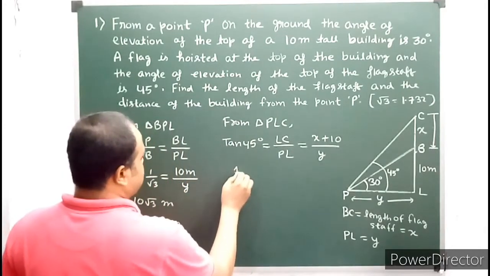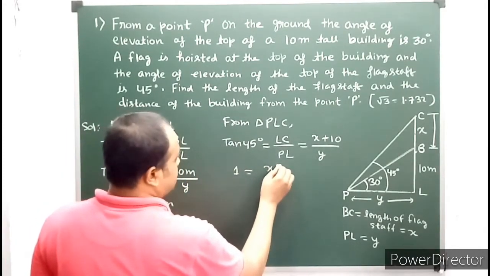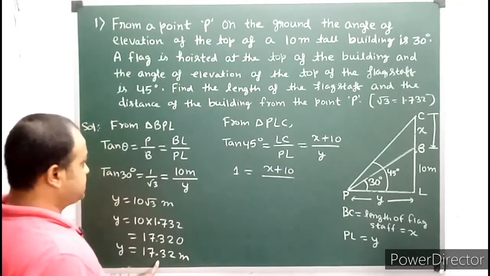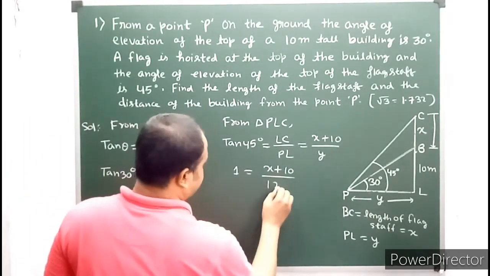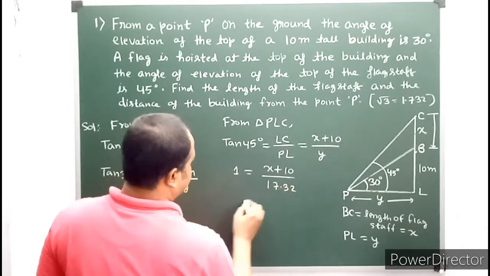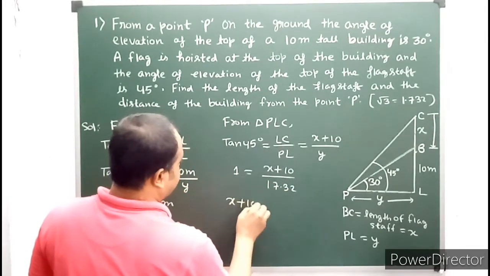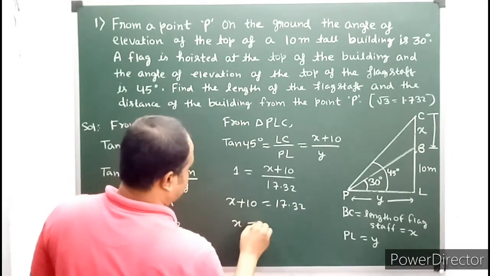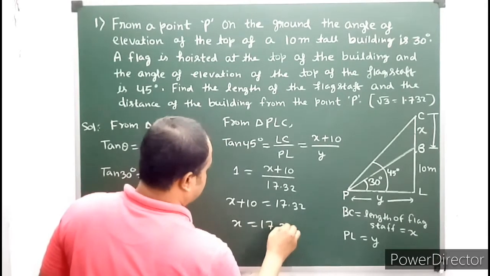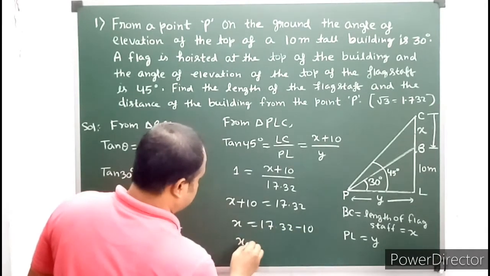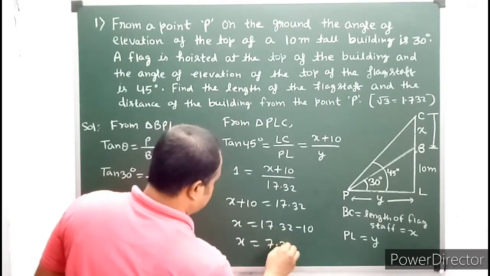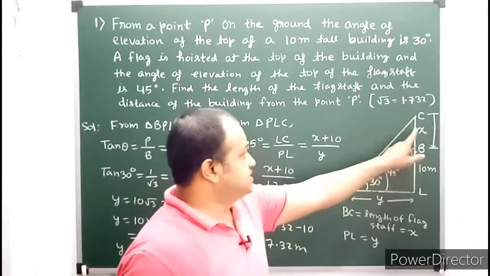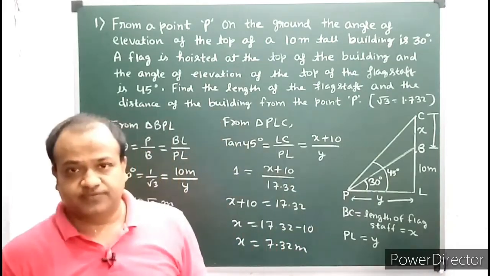Tan 45 value is 1, and the value of y we have got is 17.32. Therefore, we get the value of x, that is the length of the flagstaff.